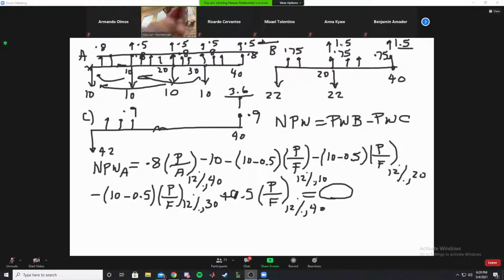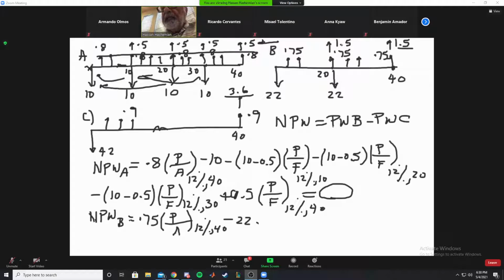Now that was for alternative A. What would it be for alternative B? Similar to this. So you say net present worth of B is equal to still 0.8. The benefit is 0.75. Then you have to multiply P over A at 12% and 40 years, the same period. Minus 22 million, which is at the beginning, so we don't have to do anything with it.